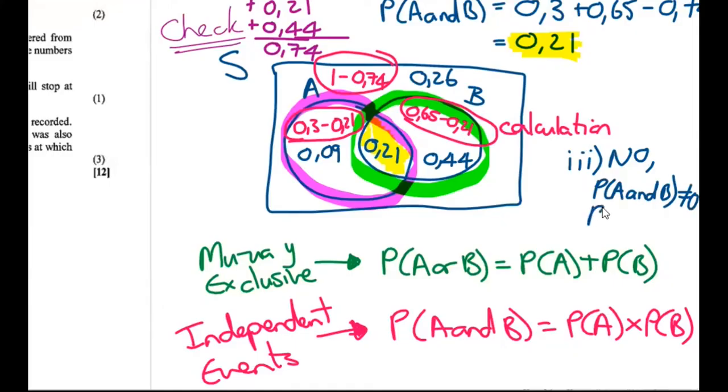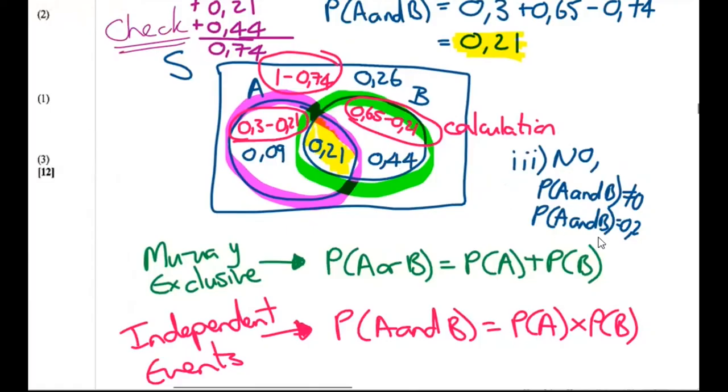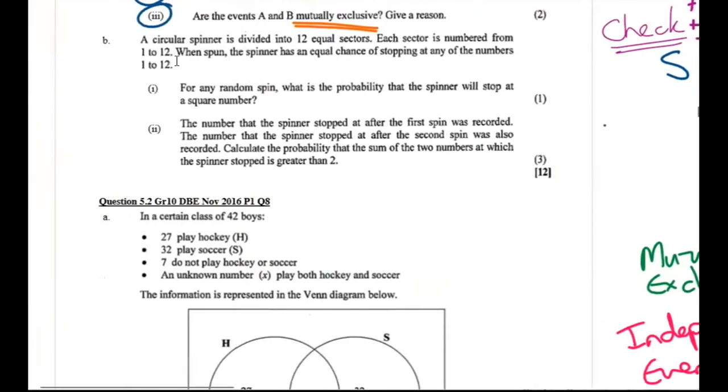Or you could have said the probability of A and B is equal to 0.21. Okay. So those are the 2 ways you could have explained it, or that I would have explained it. And if you give both of those pieces of information, then you're covering all your bases. So the probability of A and B was 0.21, not equal to 0 because it had a value inside there. Okay. Next question.